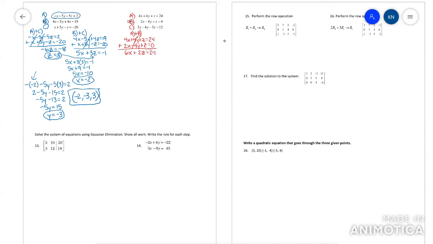Okay, and then the way that I'm going to eliminate them again is I'm going to do A plus C. So it'd look like this.